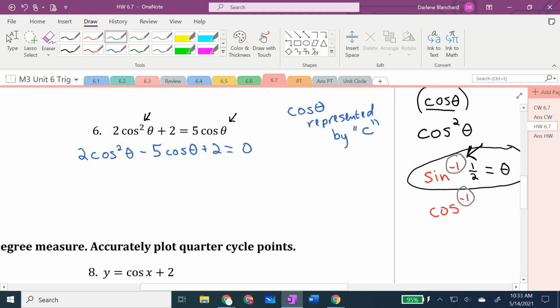Then if I rewrite this, and instead of writing cosine theta, I write C, then this is 2 times C squared minus 5C plus 2. And by replacing the cosine theta with a C, you're able to see a lot better what polynomial you're working with. And you need to factor this polynomial.